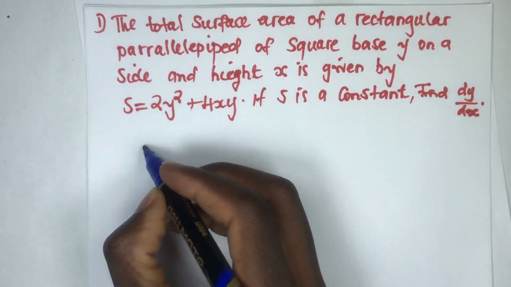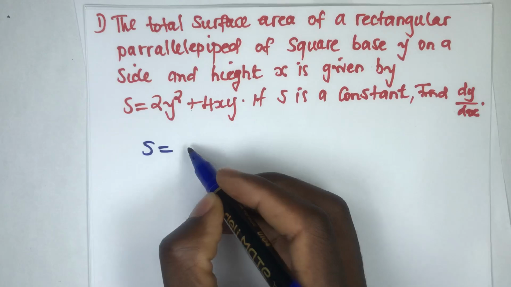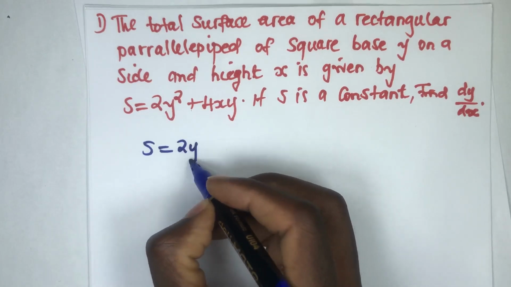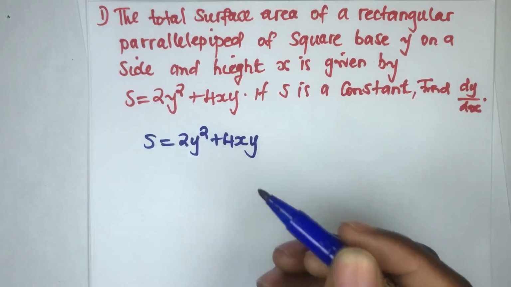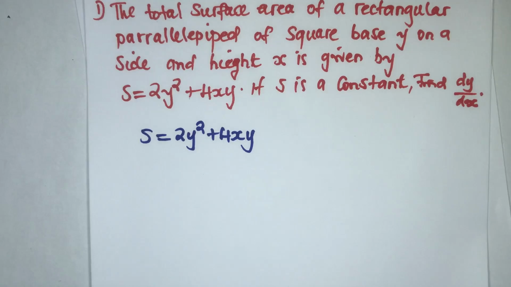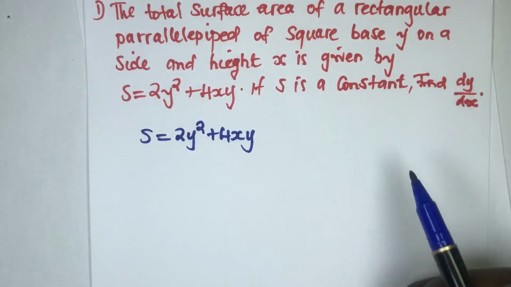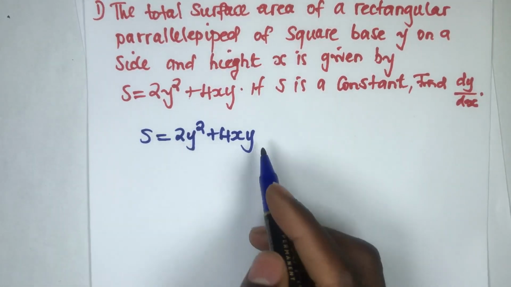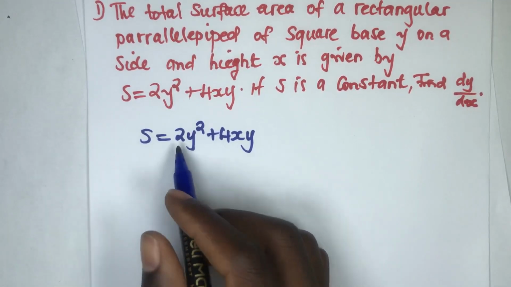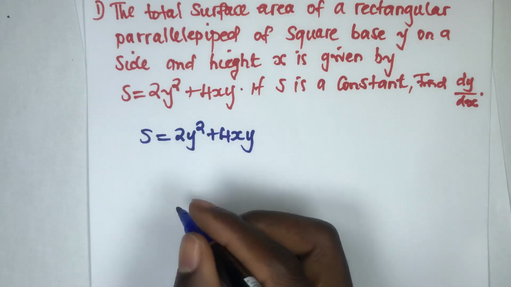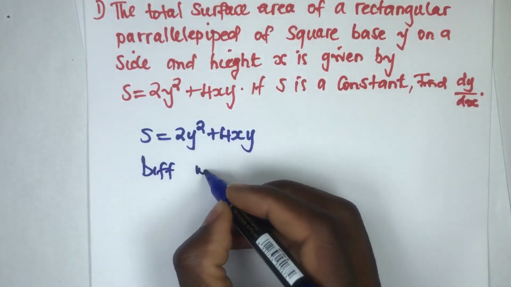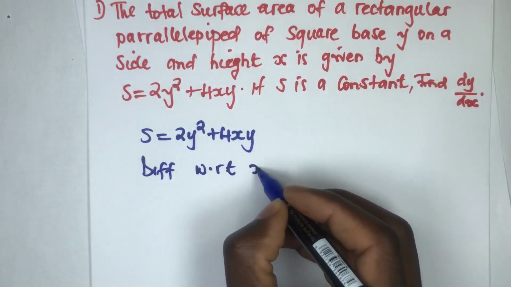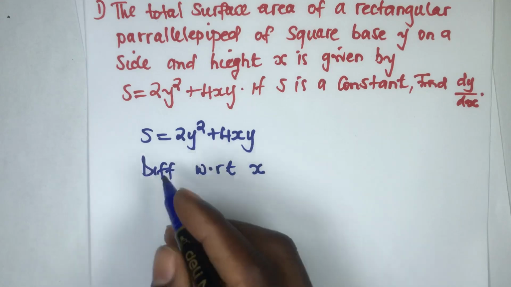We have S = 2y² + 4xy. Since we've been told to find dy/dx, this means we're going to differentiate this whole function with respect to x. So we differentiate throughout with respect to x.